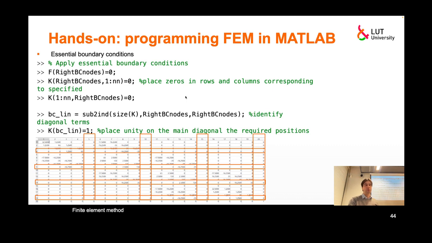And we do two things. The most important thing is that we cross out corresponding rows and columns in the global stiffness matrix.